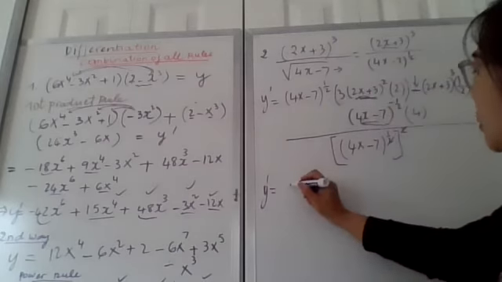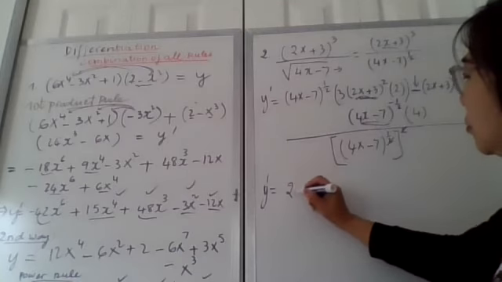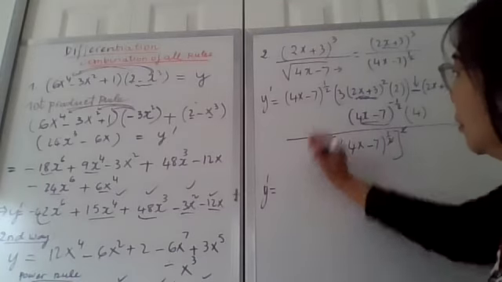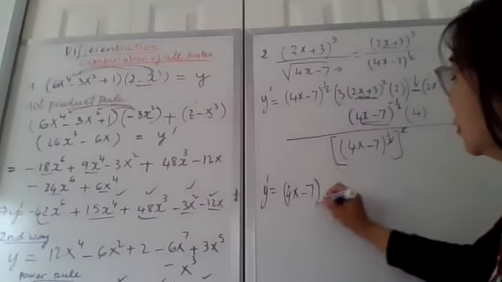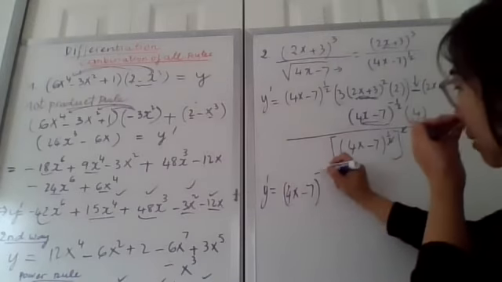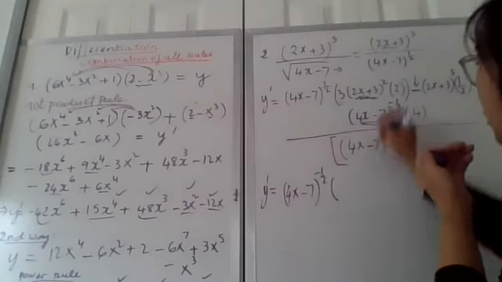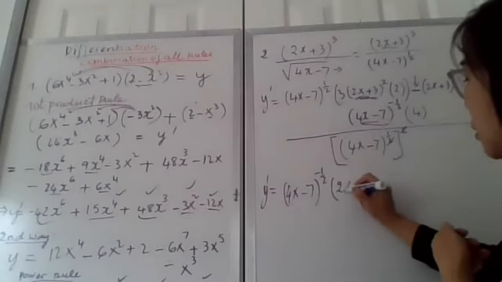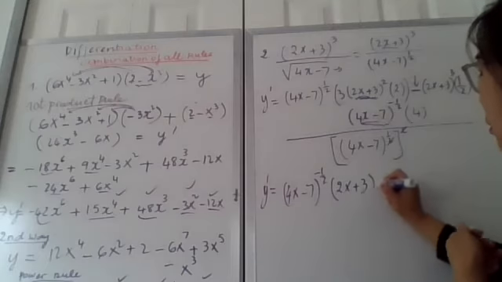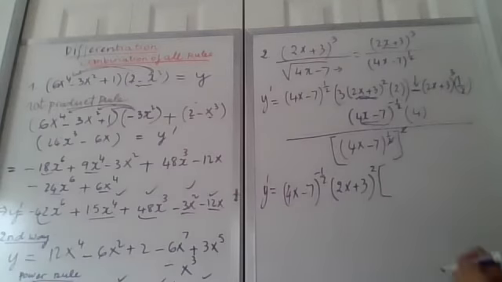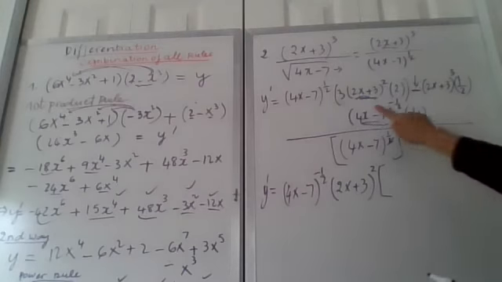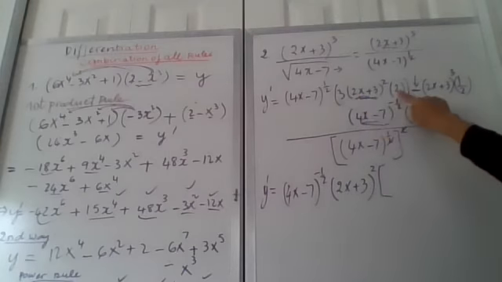So pulling out the common factor, we have 4x minus 7 to the power minus 1/2 times 2x plus 3 to the power 2. Inside, we'll open the bracket. We multiply with the 3 and the 2 here, right?